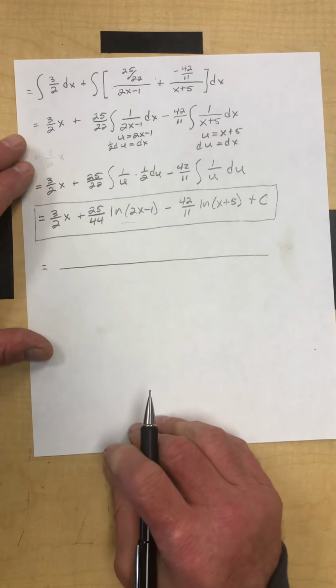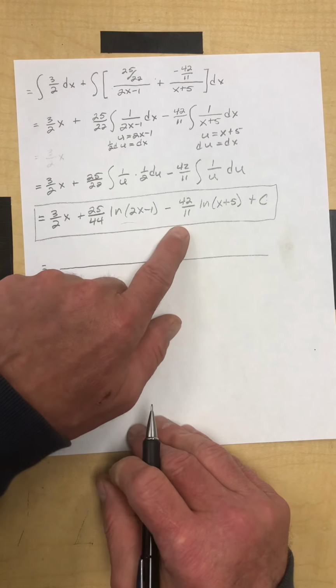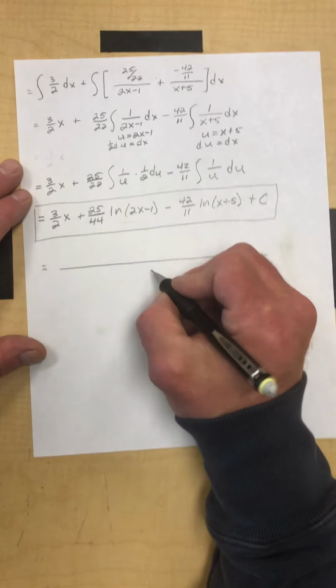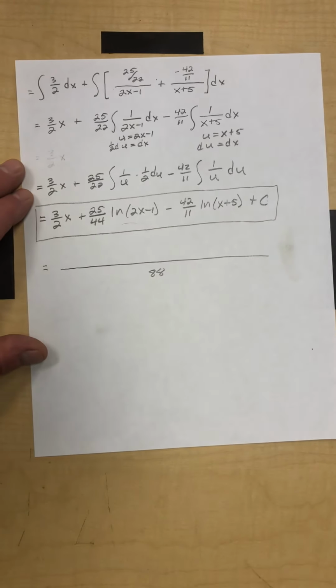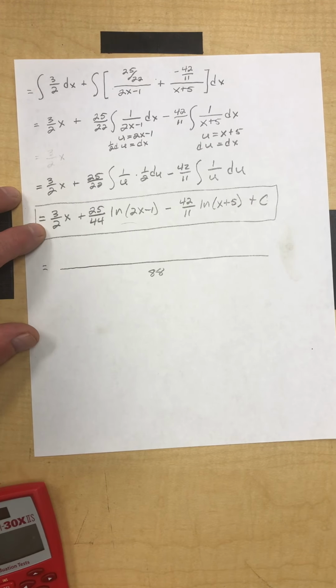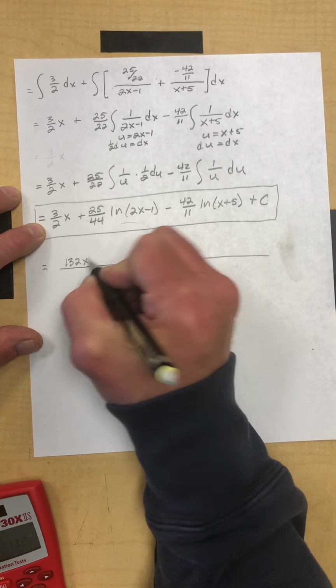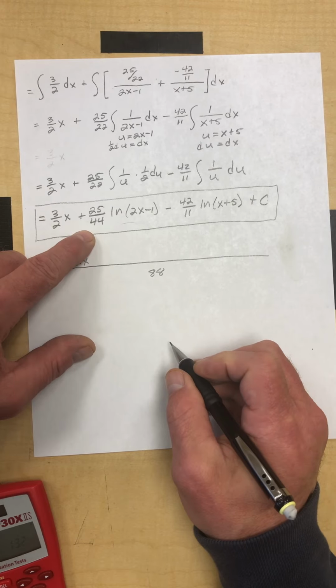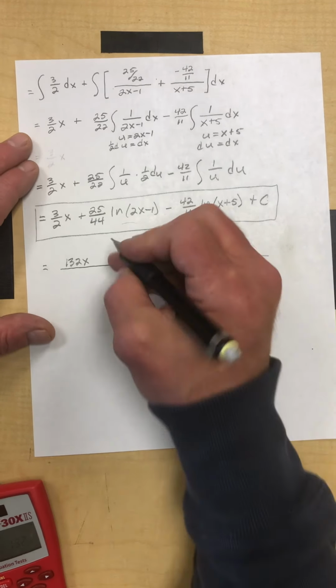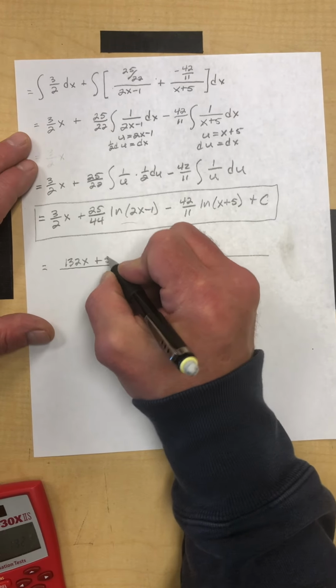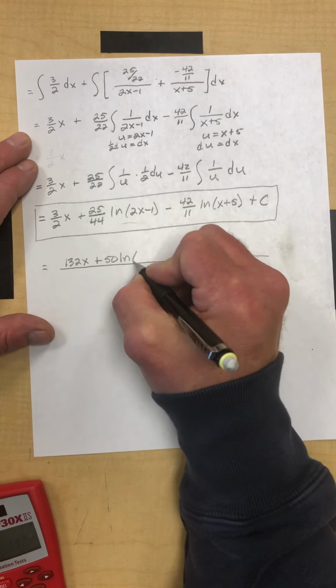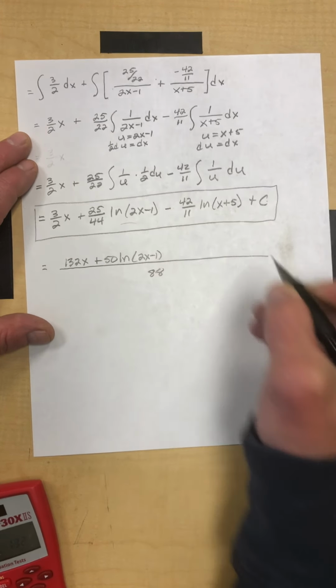Okay, so a 2, a 44, and an 11, so it'd have to be 88. Which means I'd have to multiply here by 44. So 44 times 3 is 132, so that'd be 132x. Right here I'd have to multiply by 2, so that would be a 50 natural log of 2x minus 1.